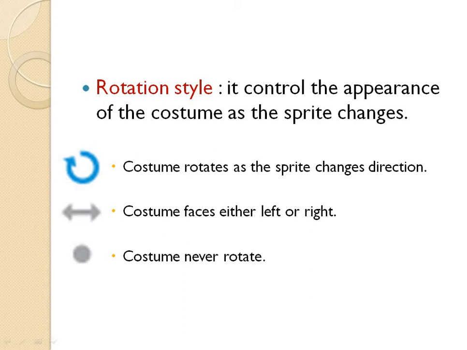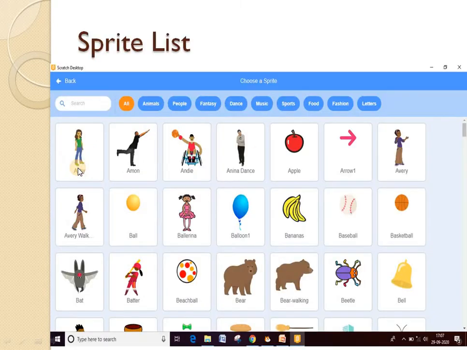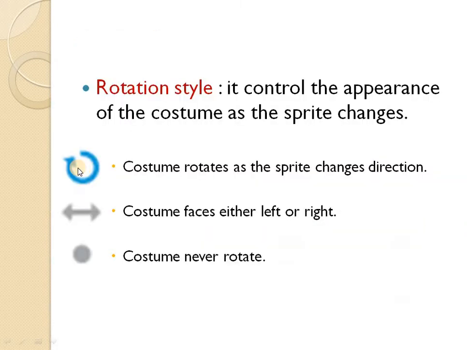If we wish that the costume must be rotated with the sprite's direction, then this first option, this blue arrow icon, will help you rotate the costume with the sprite's direction. And the next one, the dual-sided arrow direction, is for the left and rightward direction only. And the circular gray circle is the option to stop the rotation of the costumes.